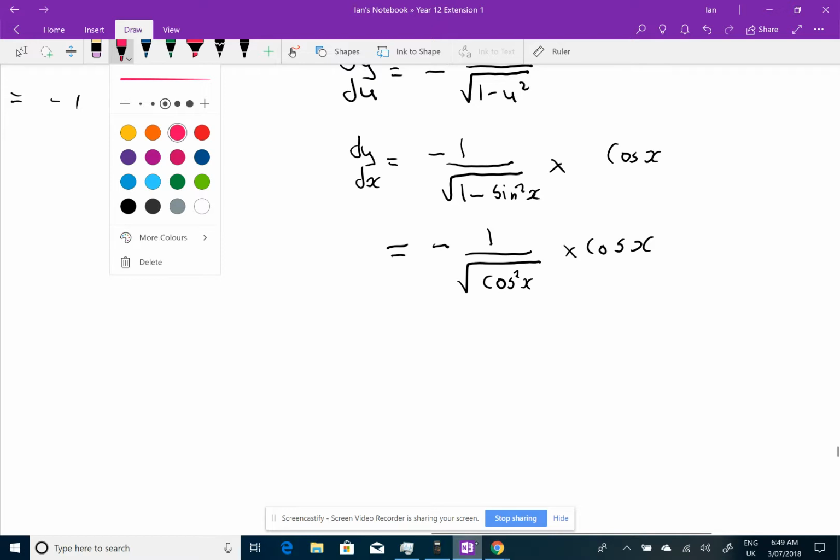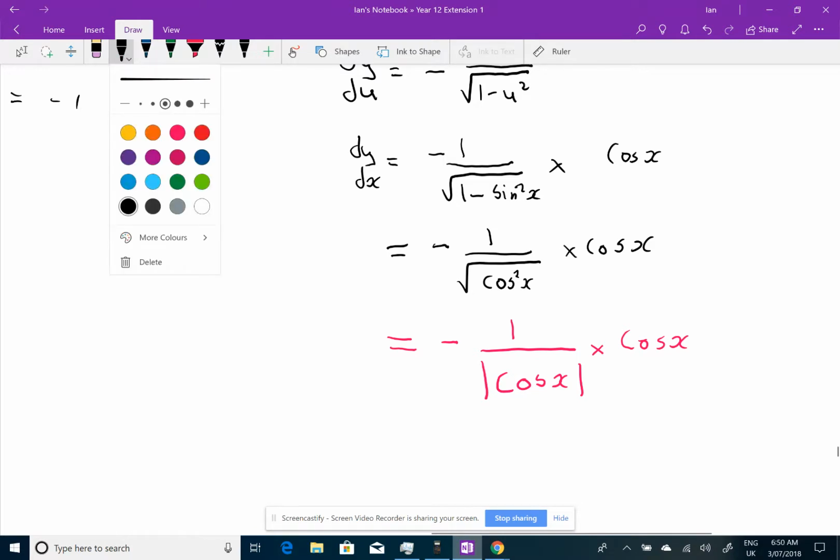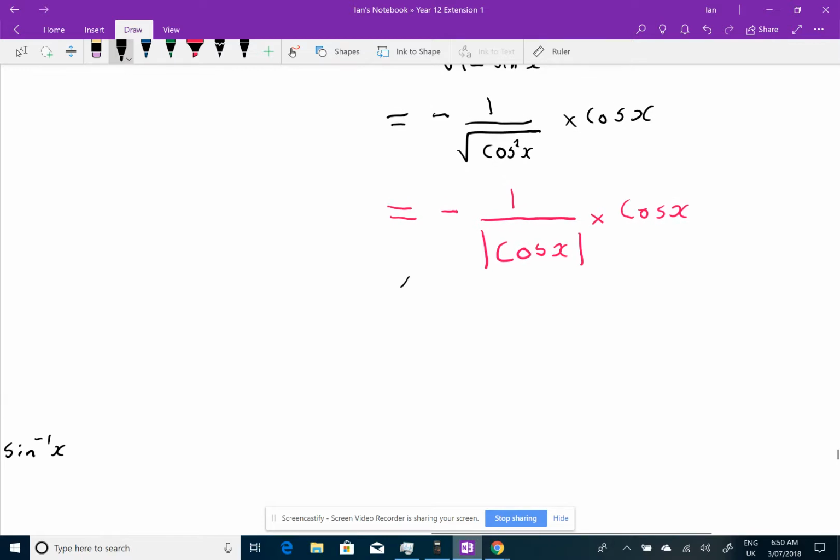So here, I get minus 1, and I'm going to call that the absolute value of cos x, because when I square root it, I get plus or minus cos x. So now, what options have I got? Well, if it's negative on the bottom, I'm going to get minus 1 on minus cos x times cos x.